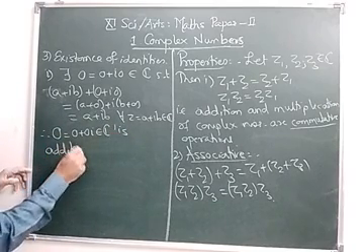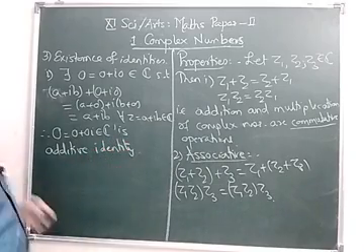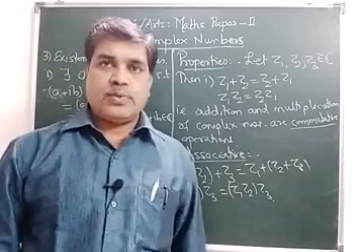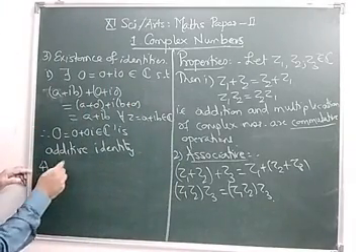Like in real numbers, we know that if I add 0 to any real number, we get the same number.